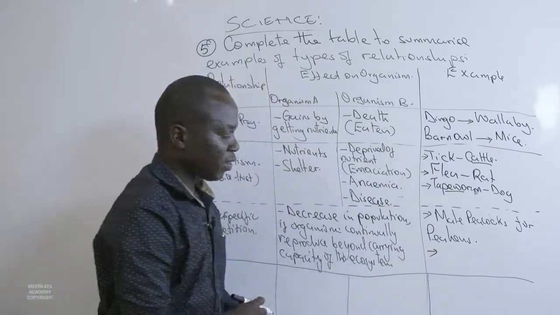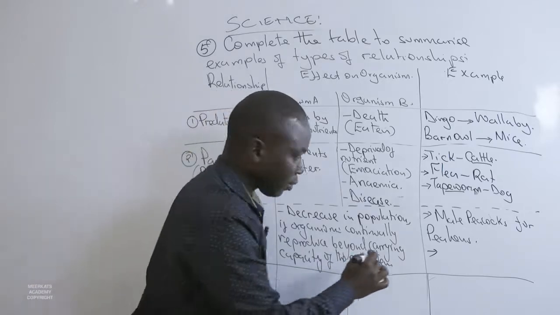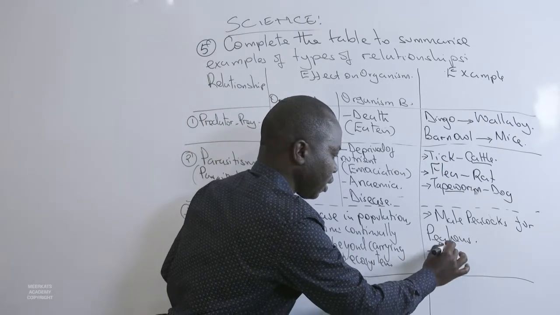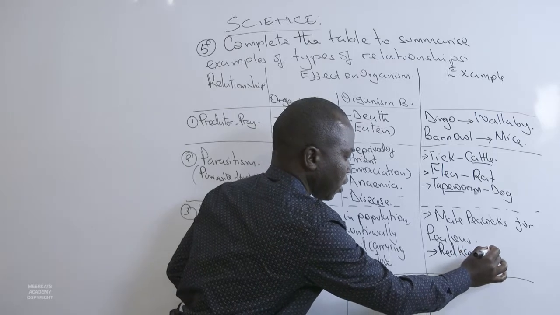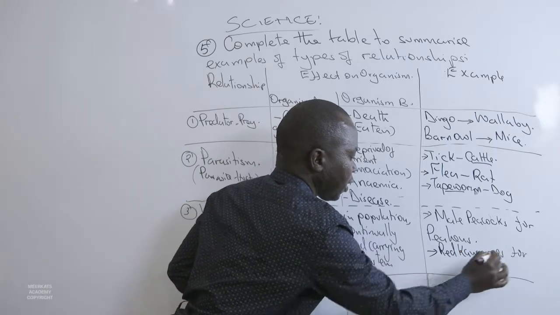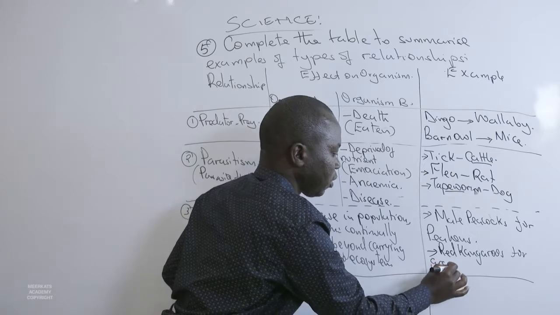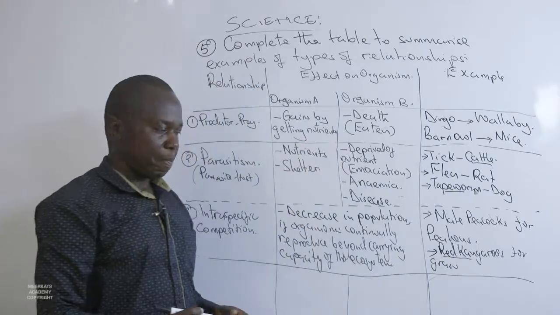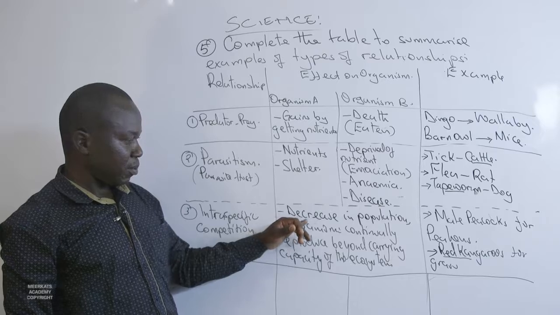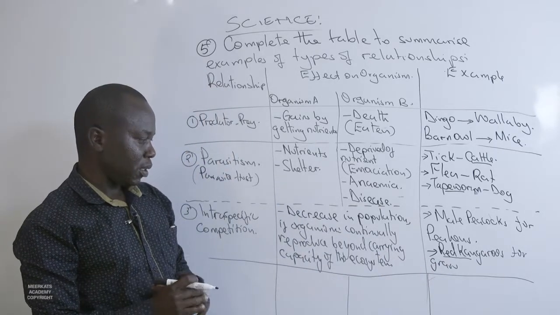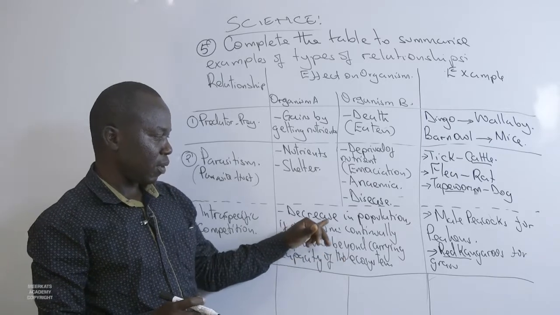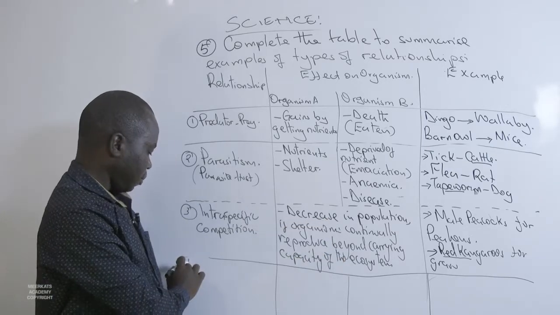We can have several examples, even red kangaroos. We have the red kangaroos competing for grass. They are of the same species, so maybe they have increased in population beyond the carrying capacity of the ecosystem. The effect is a decrease in population.